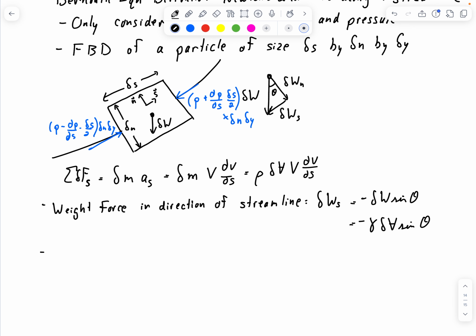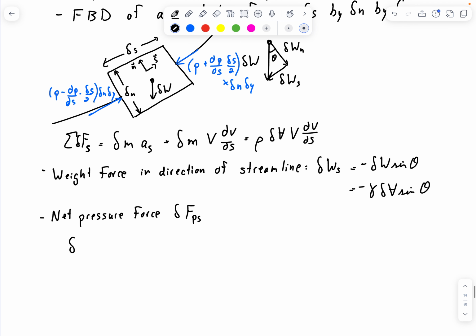So when we add those two together, we get the net pressure force, which we'll call delta FPS, because this is the pressure force along the streamline.